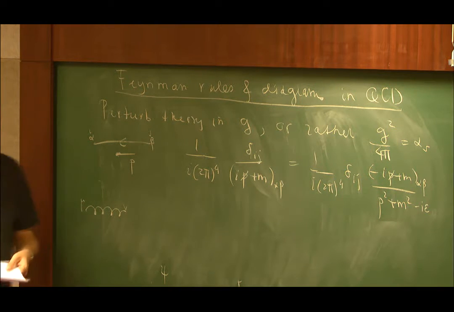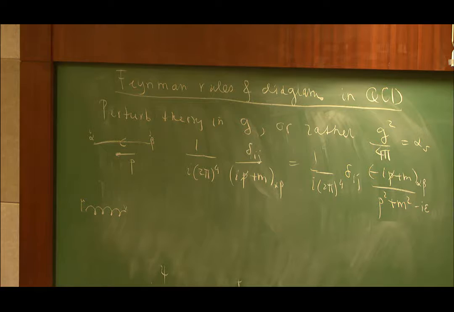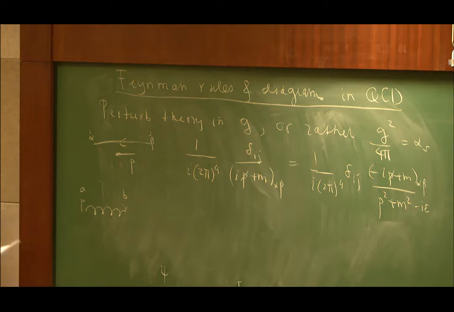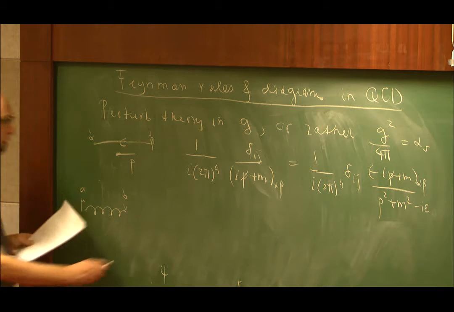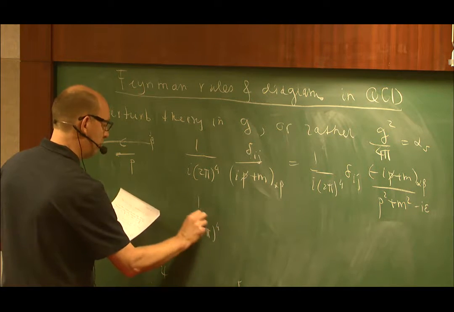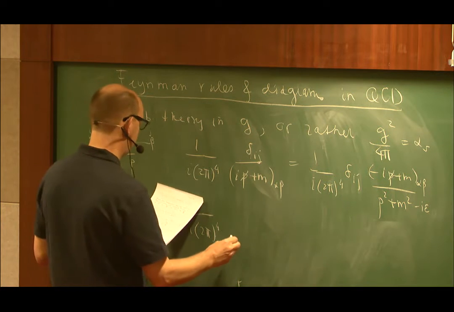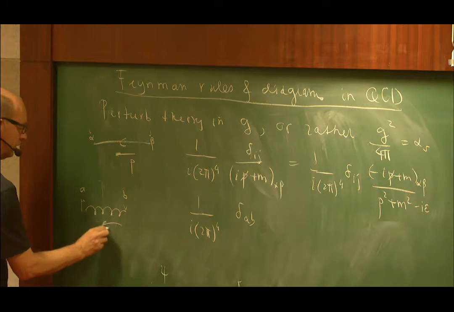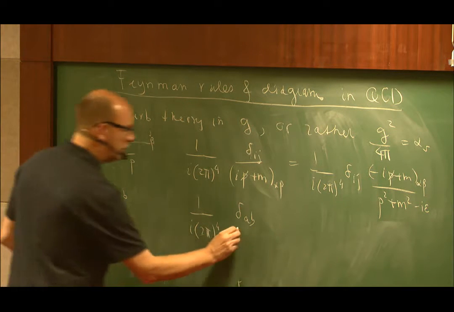It's a convention. So then you would have a, b. That's a good choice. c, d would have been fine too. And then the propagator is 1 over i 2 pi to the 4th, delta ab, and the momentum going through here is k, over k squared.